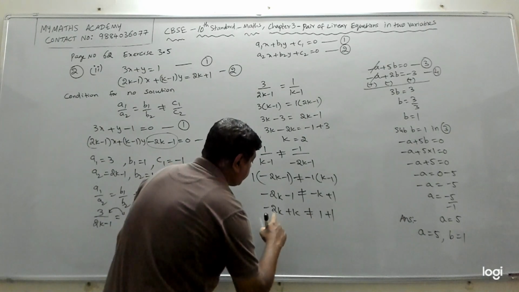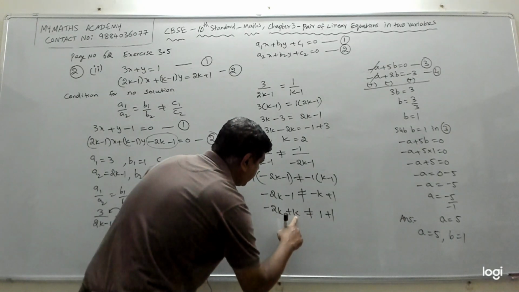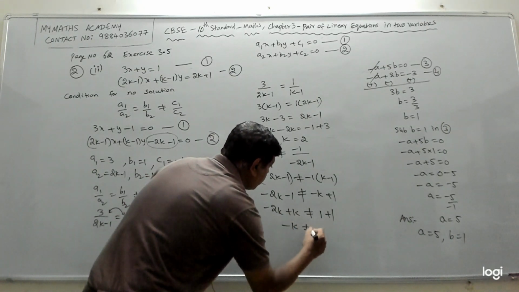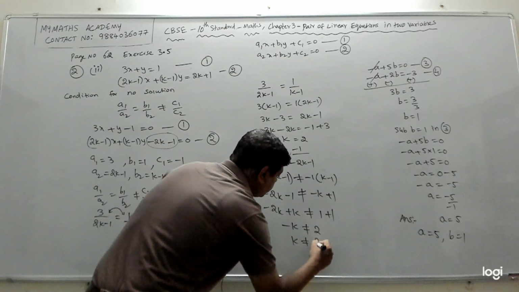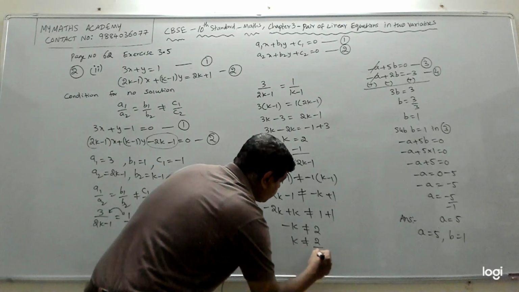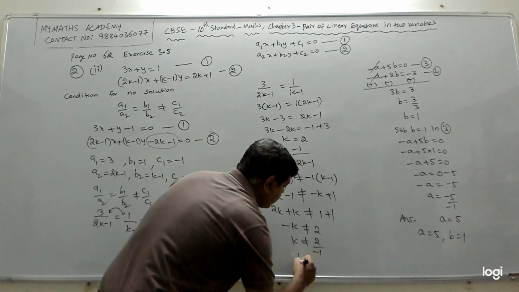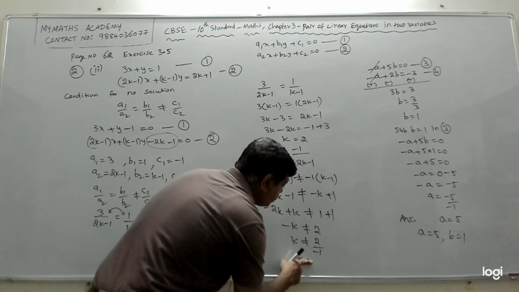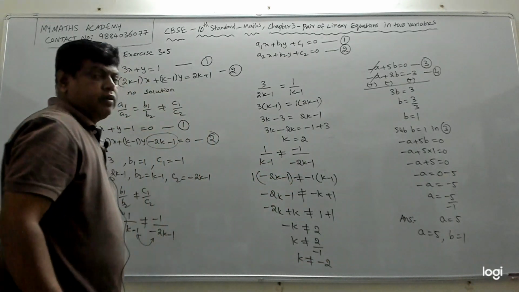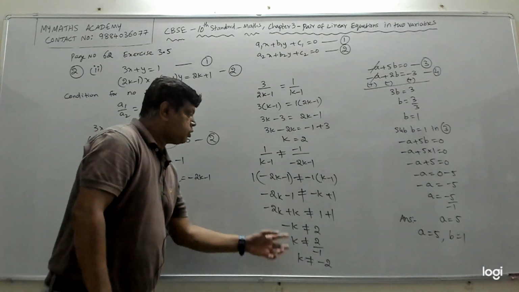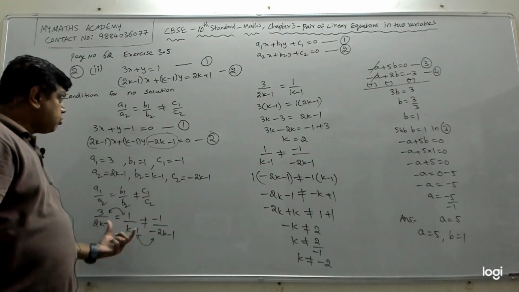So you will get minus 2k plus k is minus k is not equal to 2, which means k is not equal to 2 by minus 1. So you will get k is not equal to minus 2. Clear?